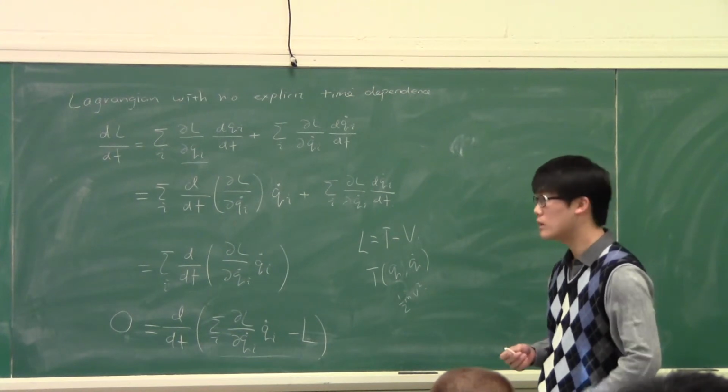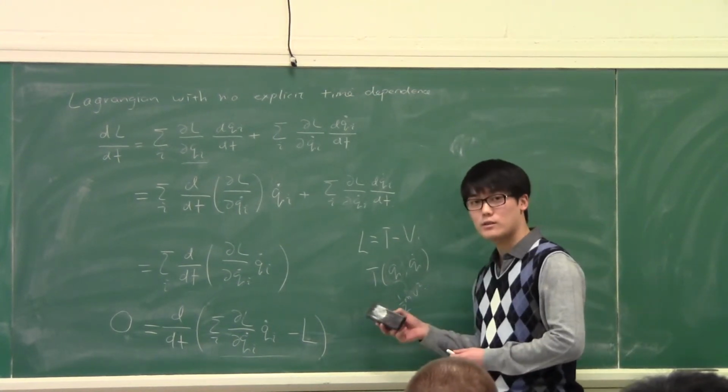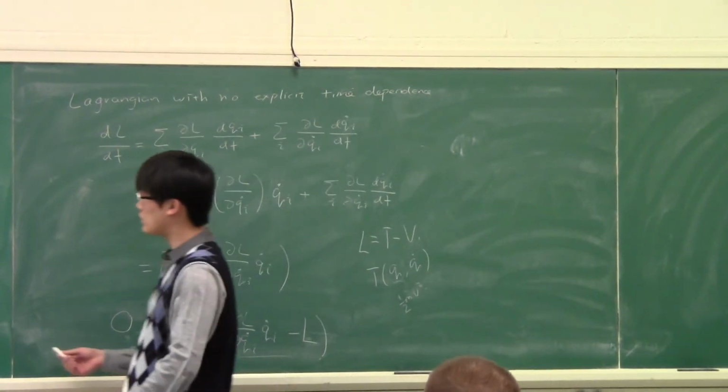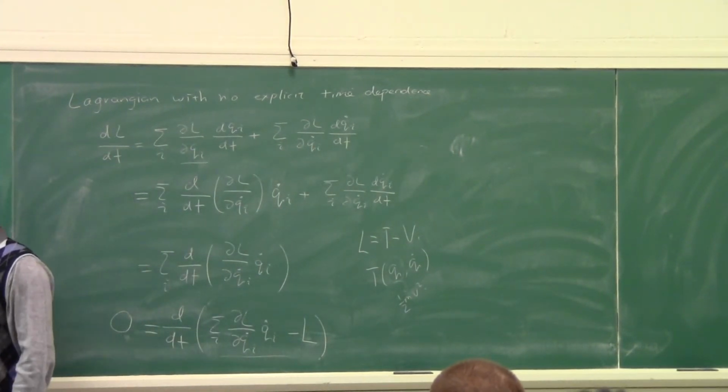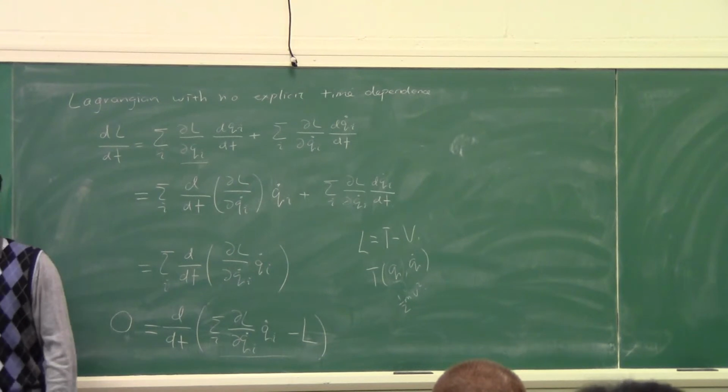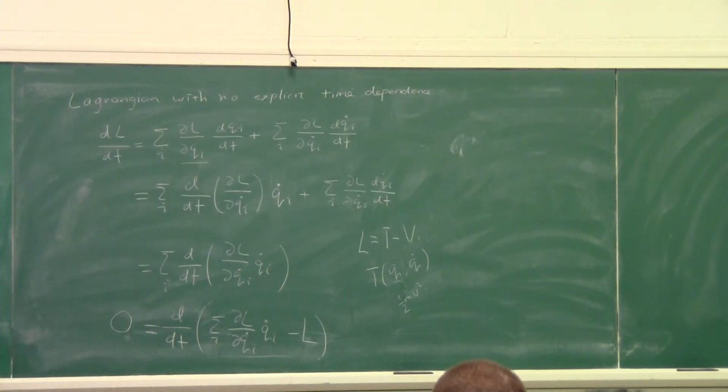Right? Okay. And the other good thing about the Lagrange equation is that notice that in the equation of motion, we're going to take the derivative of the Lagrangian with respect to the coordinate. Now, if you have rotation in the system, that's going to be picked up by this derivative.